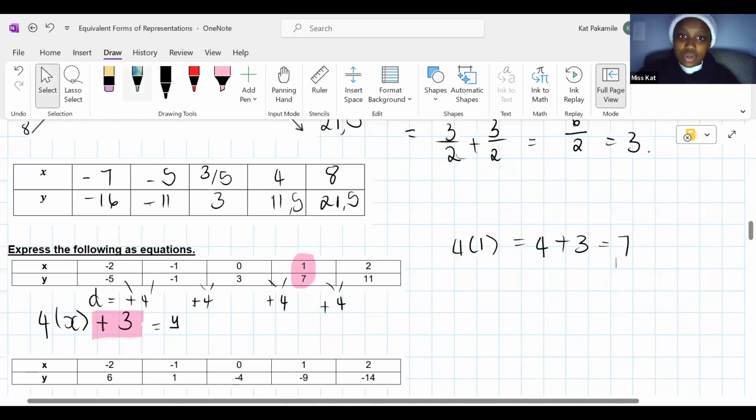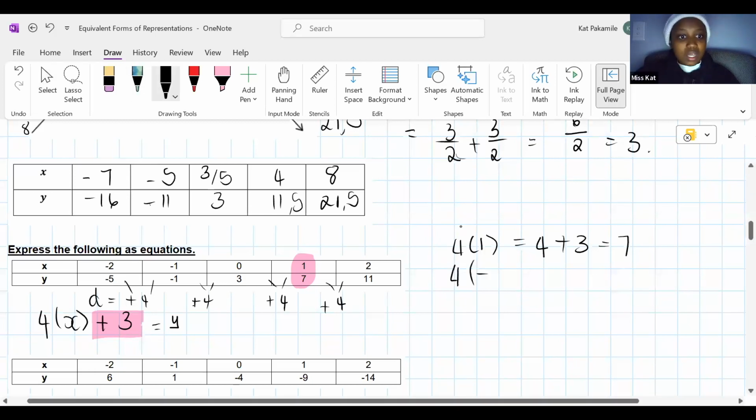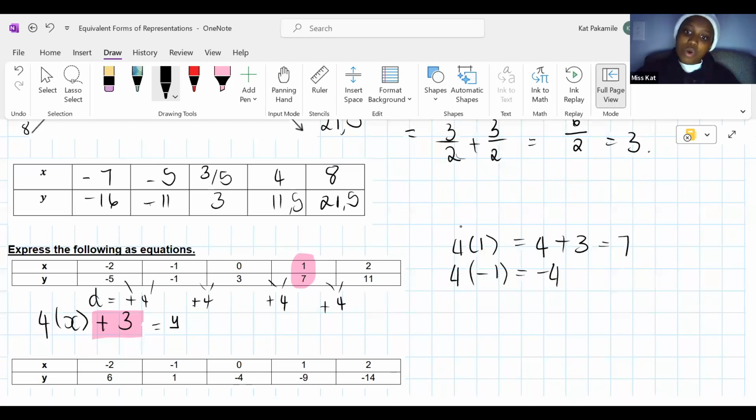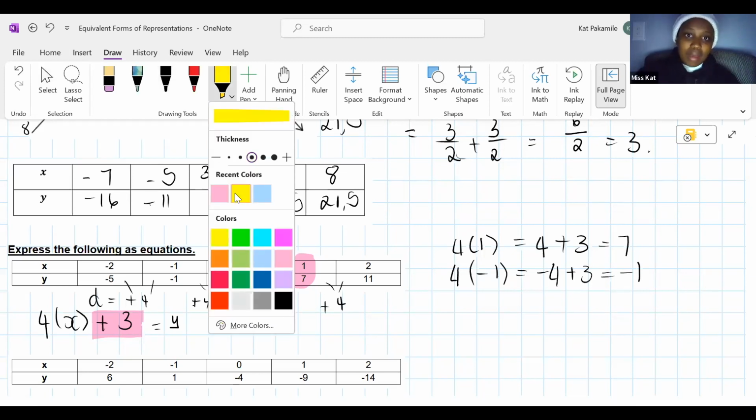Now you have to test it with the other inputs. If you say 4 times negative 1, it's going to give you negative 4. If you add 3, that gives you negative 1. When you input negative 1, do we want an output of negative 1?